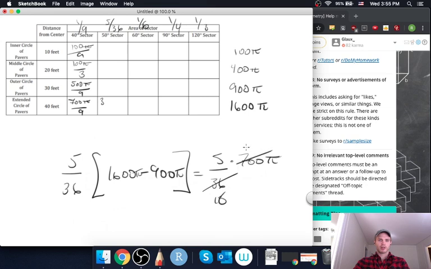Working through the cancellation, it's 5 times 175 over 9, which is 875 over 9. Let me double check to make sure this doesn't cancel.